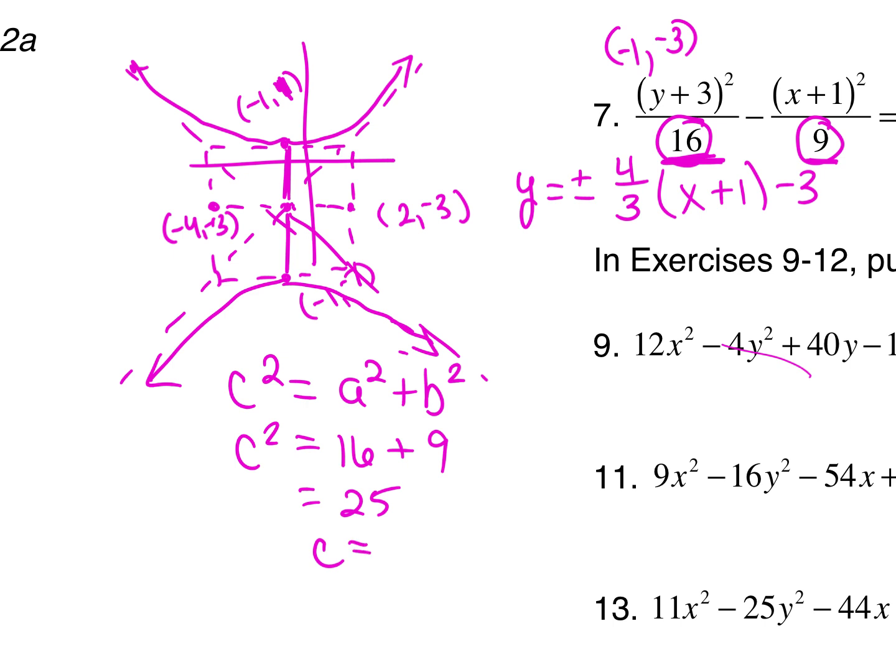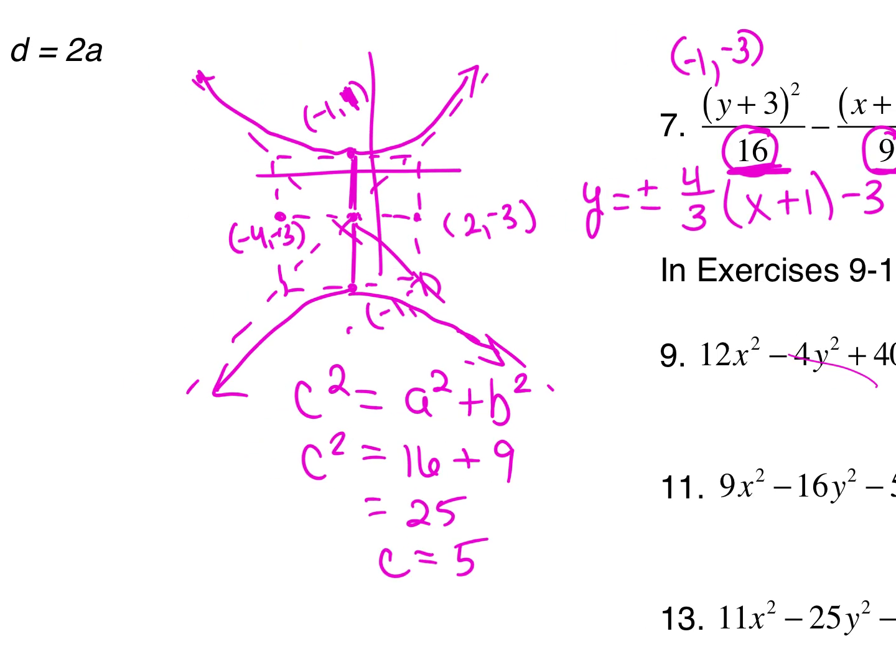So C is 5. Okay, now almost everybody missed this on the quiz. I was really proud of the select few who got it right. First of all, C is not the foci. Now, the foci is going to be somewhere here and somewhere here. Am I going to add that C value to the H or the K value?